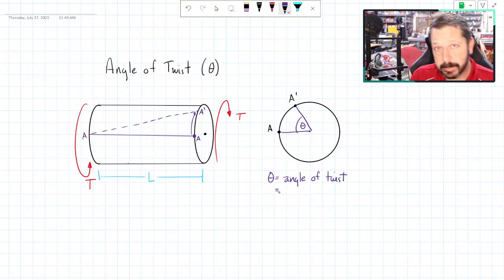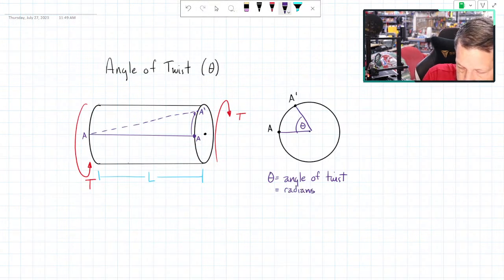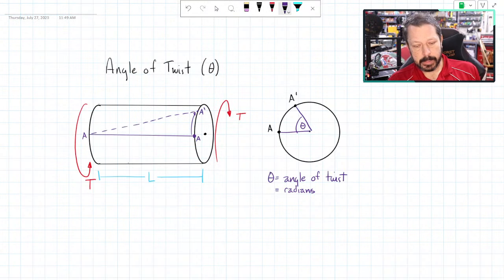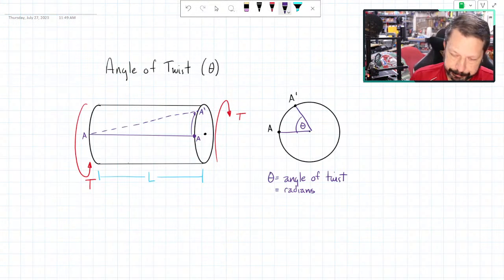And when we calculate it, we'll show you the equation in a second. When we calculate angle of twist, it will produce units of radians. A lot of times we'll have to convert over to degrees because we more often talk about angles in degrees instead of in radians. But that is what the equation will give us.